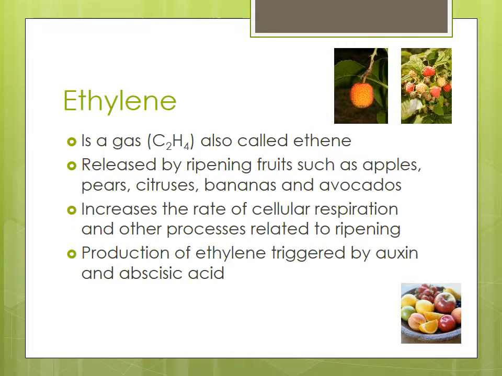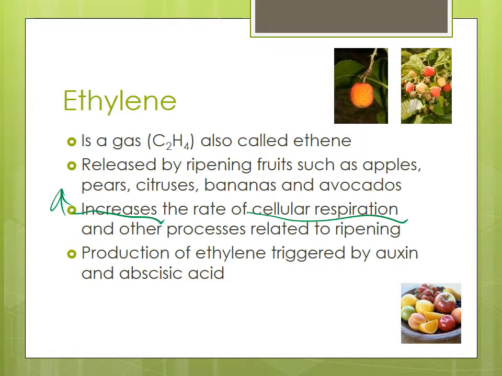So ethylene, this is a gas, and we also know it as ethene, and it's released by fruits that are ripening. So apples, pears, citruses, all these fruits release this gas as they are ripening. And what the gas does is it increases the rate of cellular respiration. So if you remember back to our cellular respiration, this isn't photosynthesis.